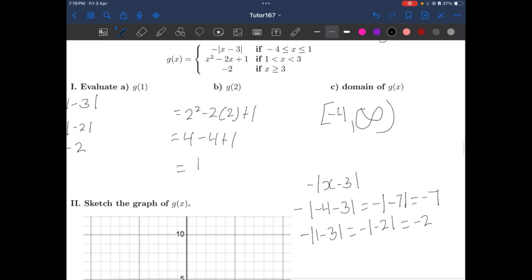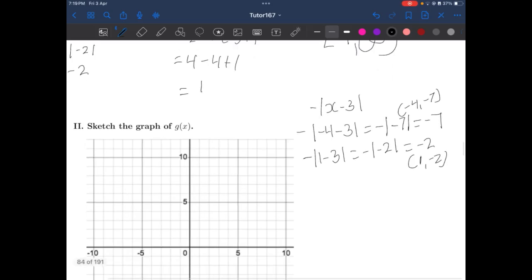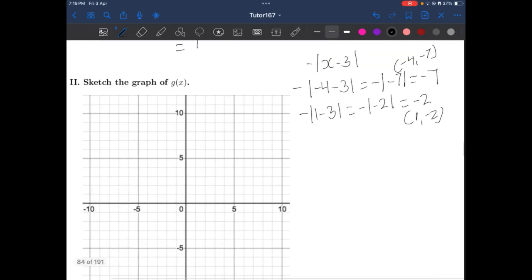And the point for these two is, you see the x value we substituted for this one was negative 4. So the x value is negative 4, the y value is negative 7. That's what we just calculated. The x value for this is 1 because we substituted 1 for x. And then the y value is what we calculated, so negative 2. So those are the 2 points we're going to plot, right?